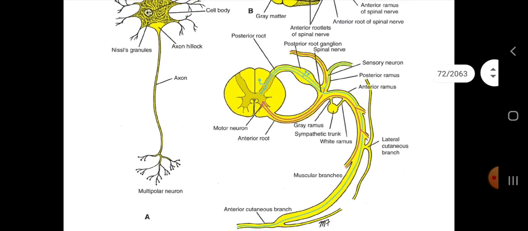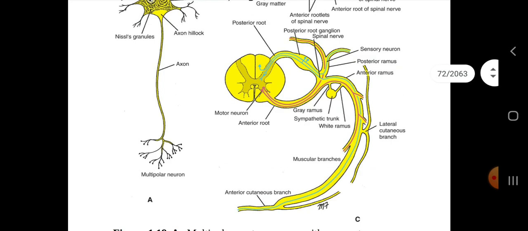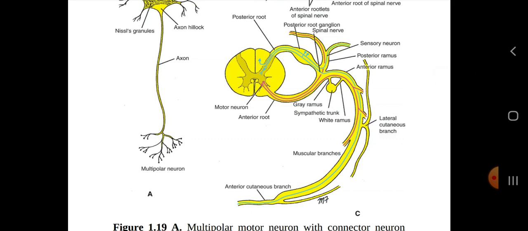You can see here the spinal cord showing the posterior root and the anterior root, the posterior root ganglion, the spinal nerve and the posterior ramus, the anterior ramus and your sensory neuron and your gray ramus, sympathetic trunk, white ramus, your lateral cutaneous branch, your muscular branches, your anterior cutaneous branches and the motor neuron, your sensory neuron.